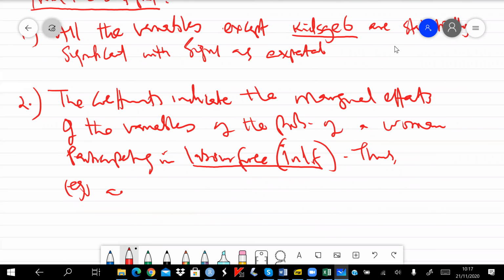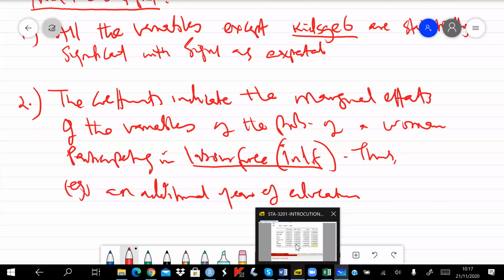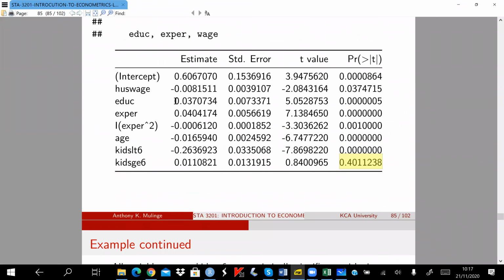Okay, thus we can say, for example, an additional year of education increases the probability. So let's go back to that illustration. So we are attempting to interpret this coefficient here.